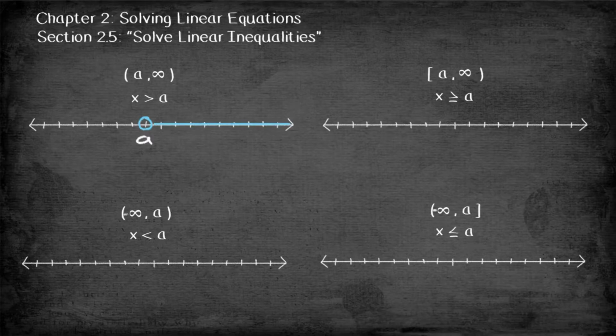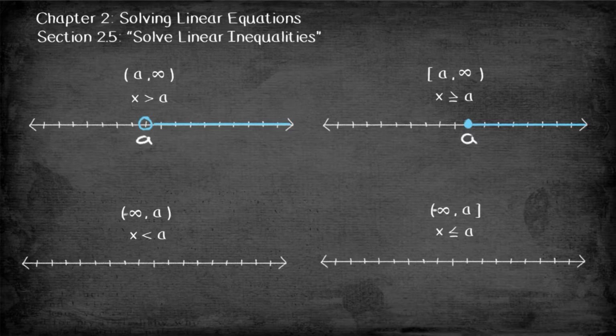Next, in the top right corner, this is read as the closed interval from a to infinity and signifies the set of all x greater than or equal to a. So if a were here on the number line, then we can draw that set on the number line like so, just as we did before.